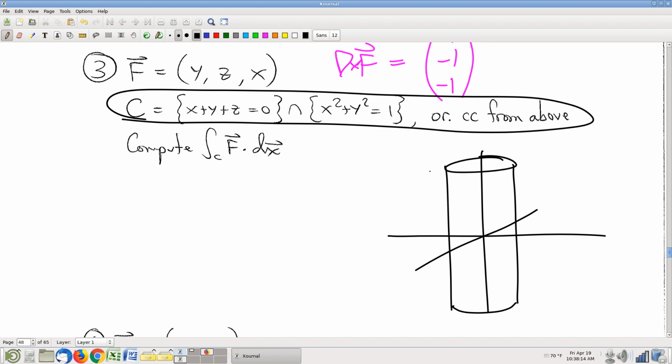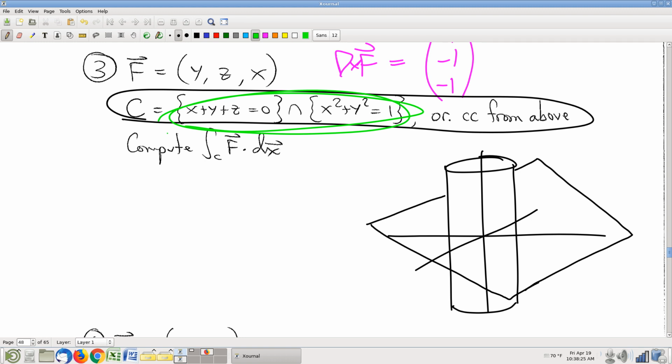Oh, okay, so hard to draw. And I appeal to your geometric intuition. That intersection is a tilted ellipse like that.